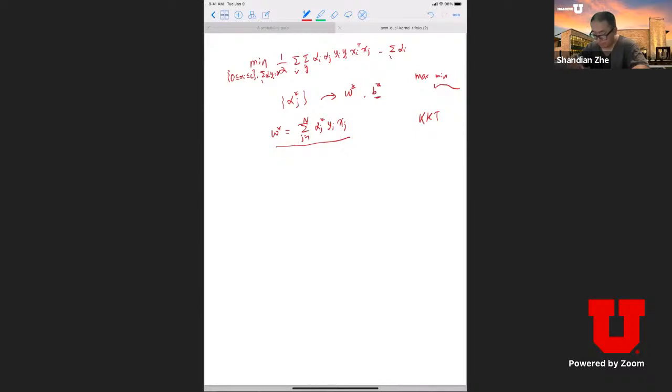From the result here, we can represent the final weight vector by a weighted combination of the training inputs. What we found is that most optimal alpha i's are simply zero. That means most of those training examples do not really determine our final weight vector. The final weight vector is only determined by a small subset of training examples whose alpha i star is strictly bigger than 0.